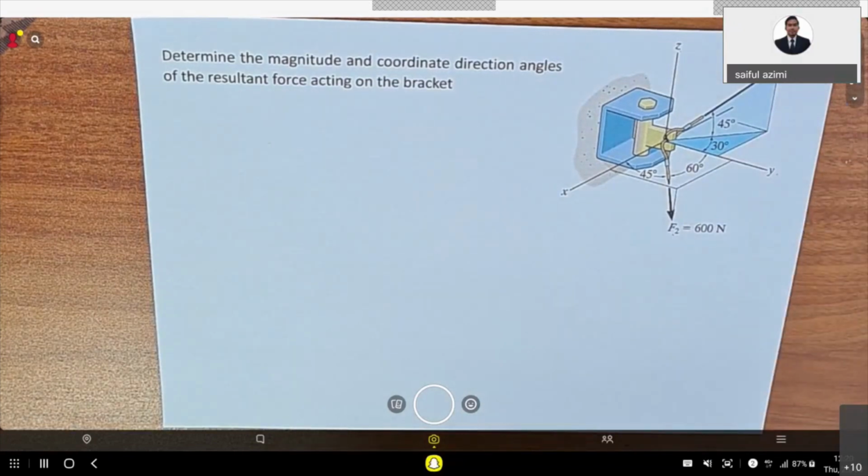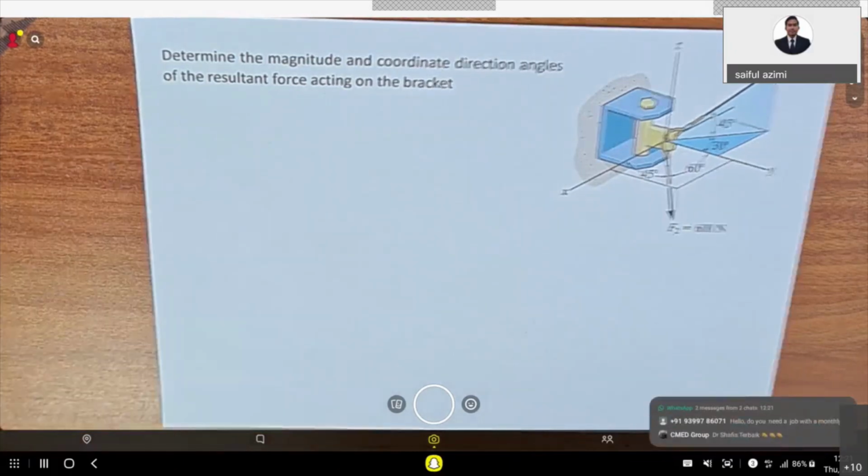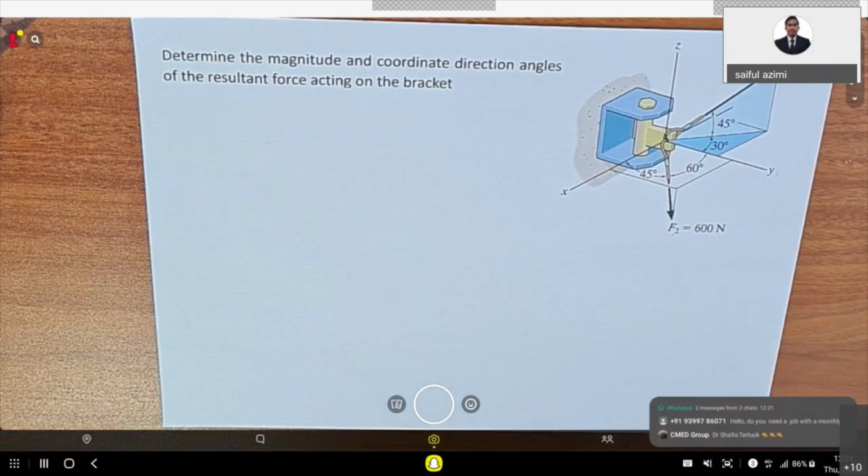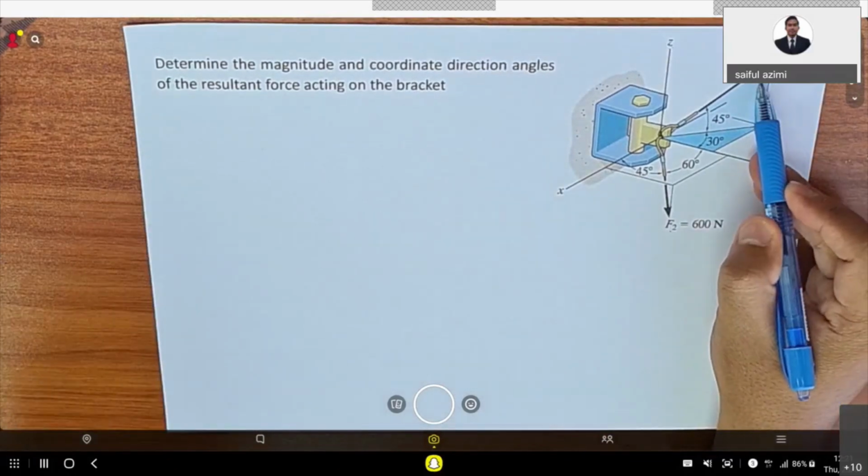Before we sum all of these vectors together, you need to convert them into 3D Cartesian force first. So first we will solve for F1.